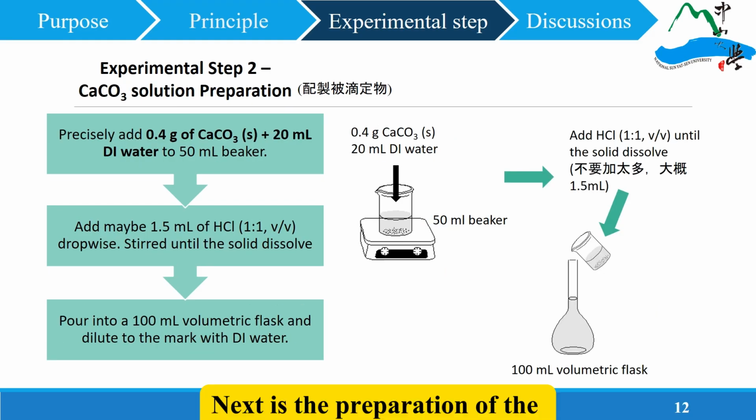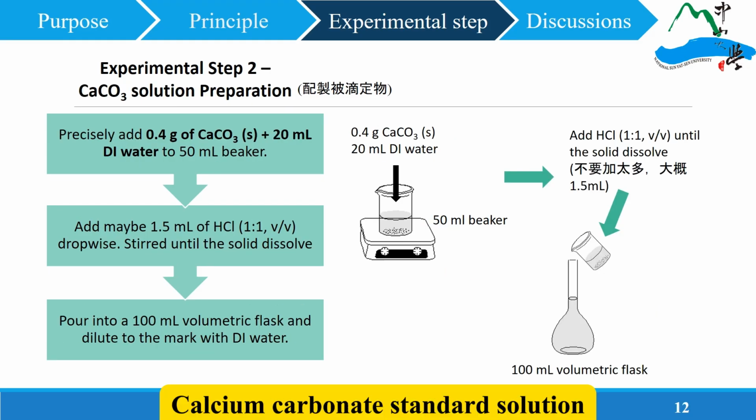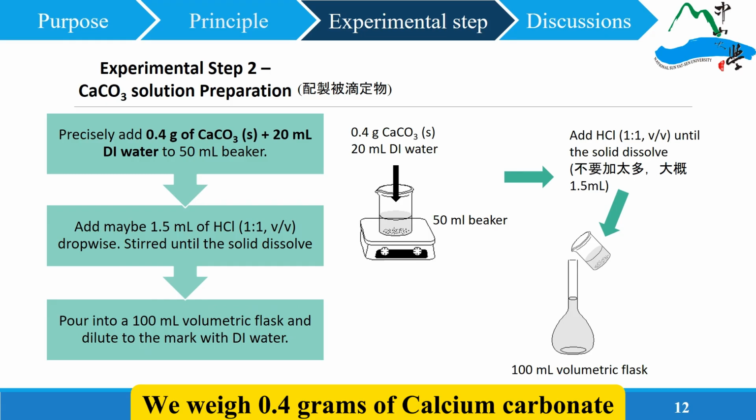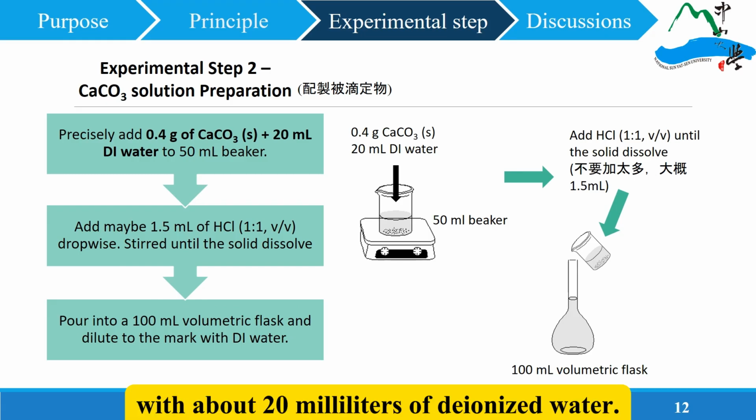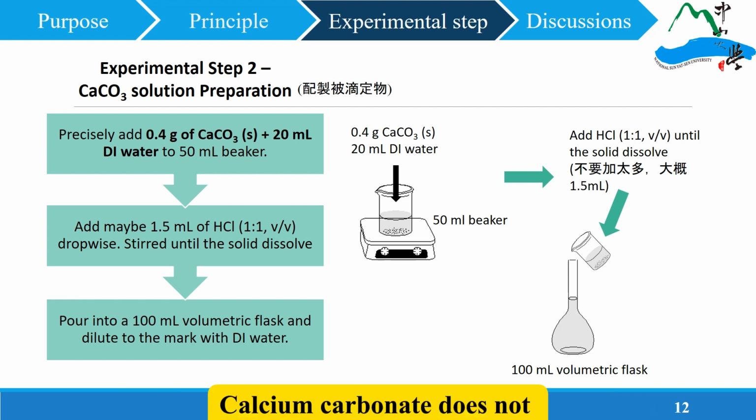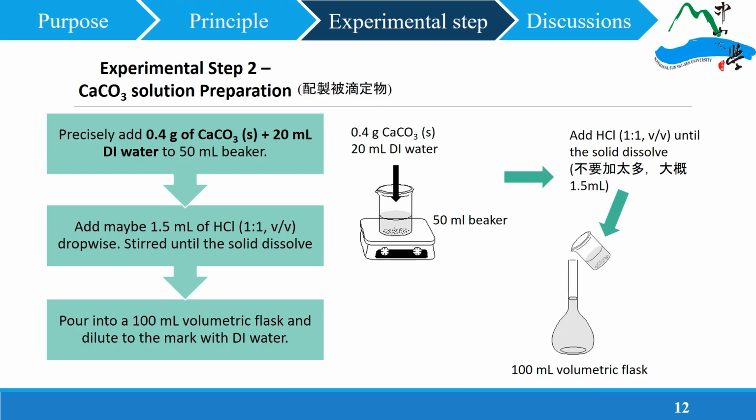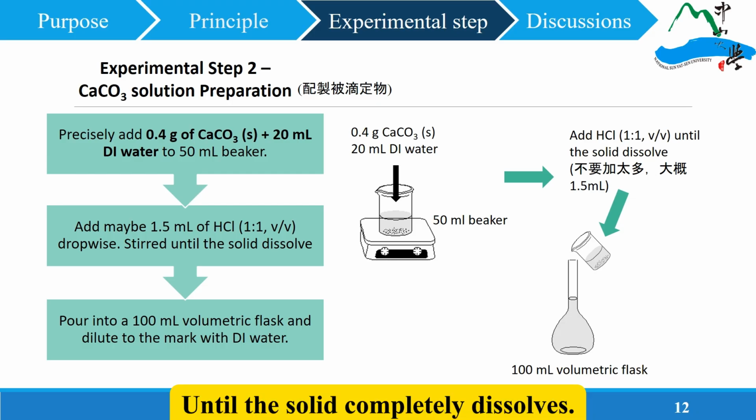Next is the preparation of the calcium carbonate standard solution. We weigh 0.4 grams of calcium carbonate and place it in a beaker with about 20 milliliters of deionized water. Calcium carbonate does not dissolve easily in water, so we add hydrochloric acid slowly, drop by drop, until the solid completely dissolves.